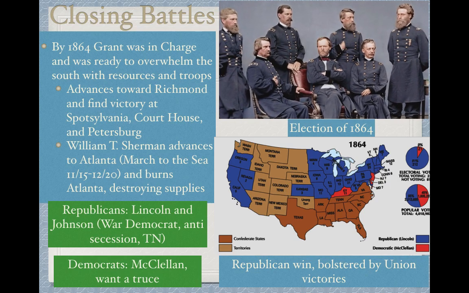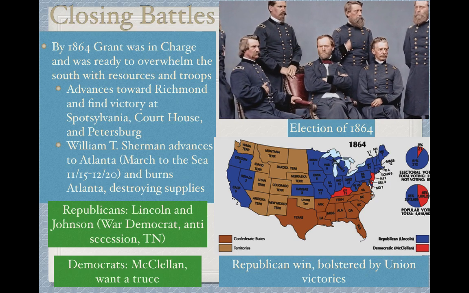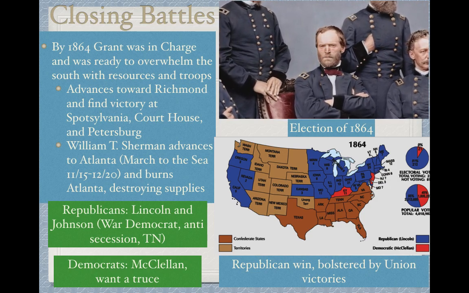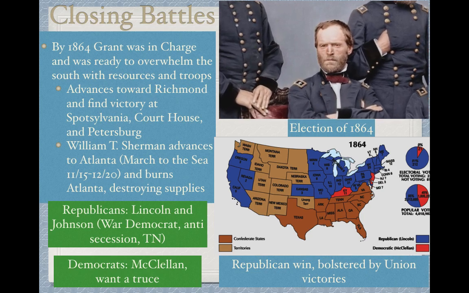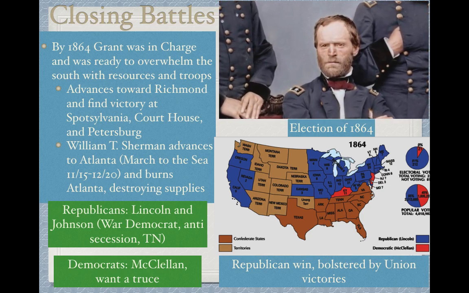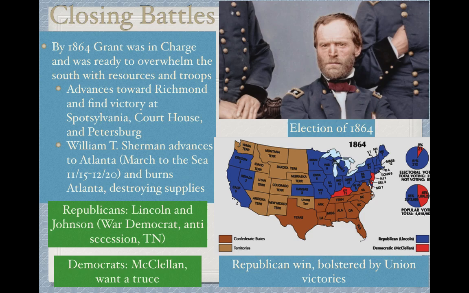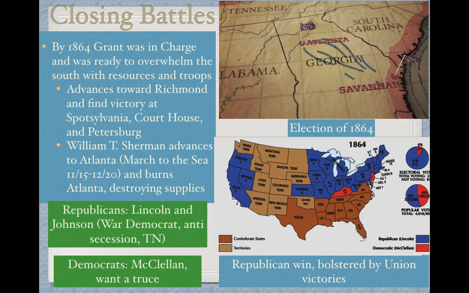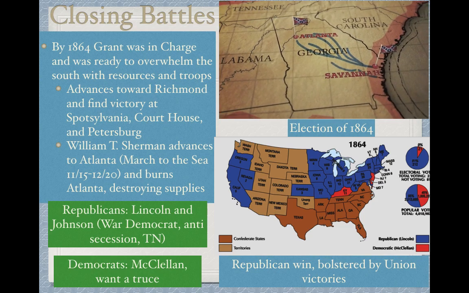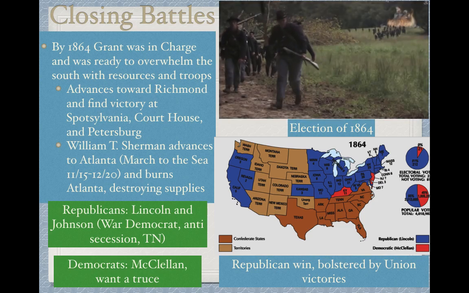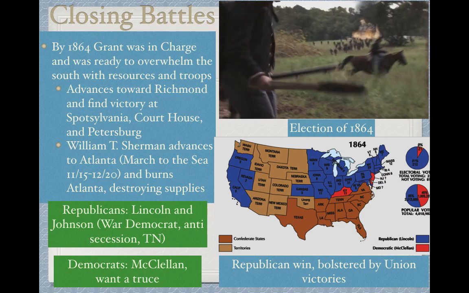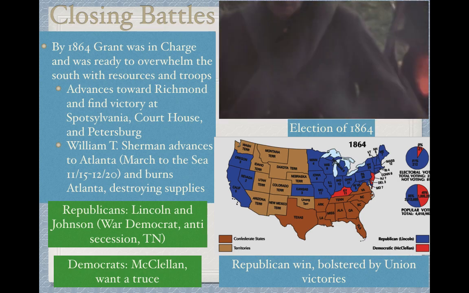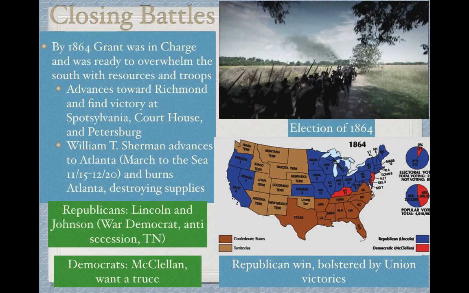From November 15th until December 21st, 1864, General William Sherman, Uncle Billy as his troops called him, marched more than 60,000 men, 285 miles, from Atlanta to the port city of Savannah, Georgia, during his famous March to the Sea. His soldiers burned buildings, twisted miles of railroad track, and trampled the countryside.